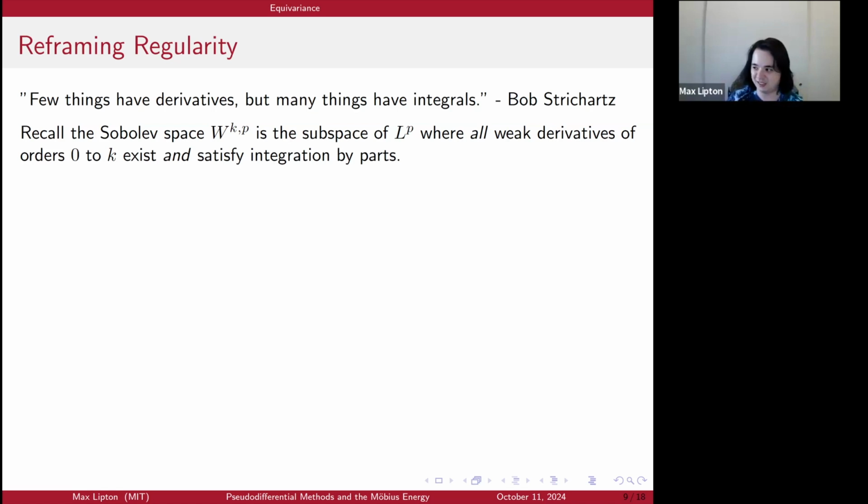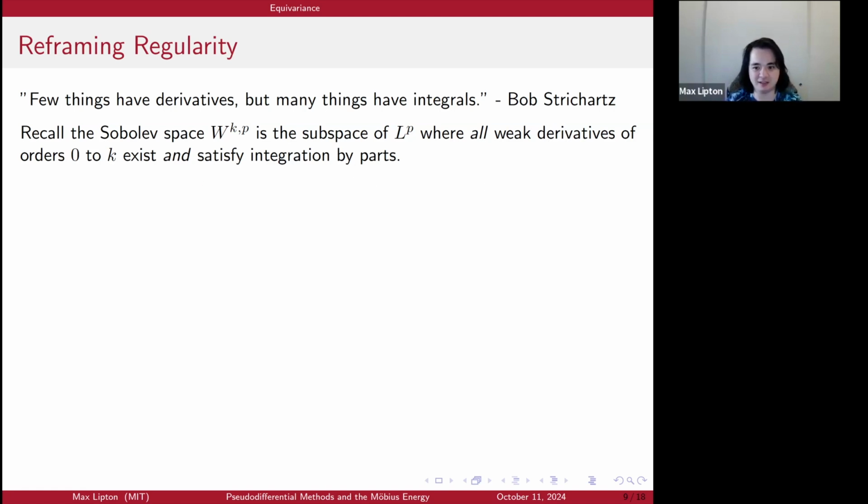For instance, the Cantor step function has derivative 0 almost everywhere, but clearly when you try to apply integration by parts, you get a non-zero answer. So the Cantor function should not be a Sobolev function, even though it is continuous, bounded, and derivatives exist almost everywhere. And it's integrable.